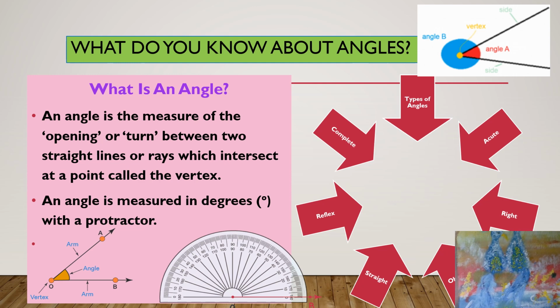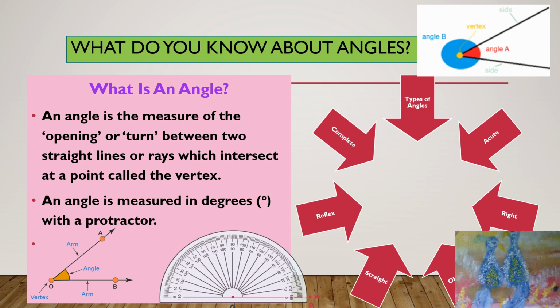Now, what do you know about angles? In your mathematics notebook, draw a table with 3 columns and label the first column with a capital K, the second with a capital W, and the third with a capital L. In the column with capital K, write what you already know about angles.